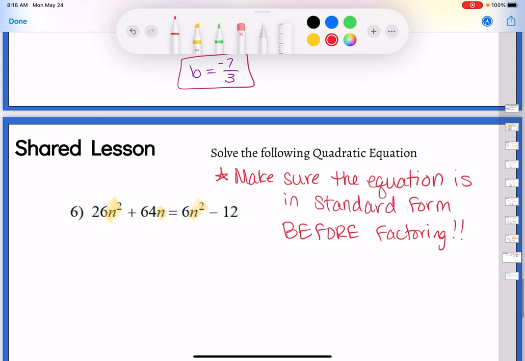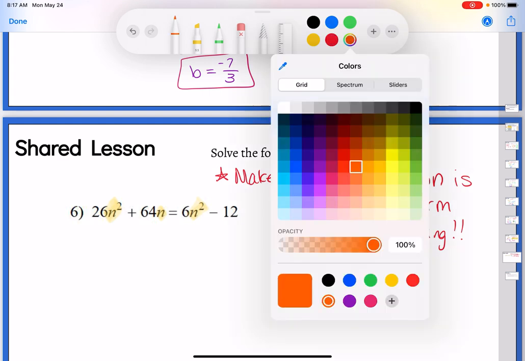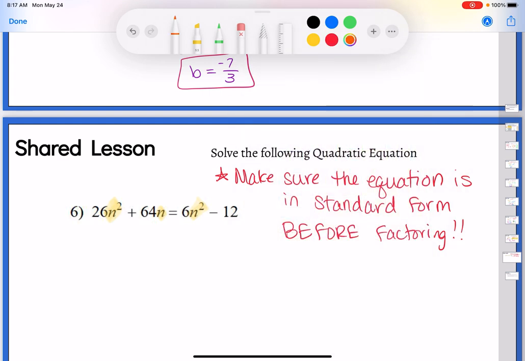So I can't factor just the left side and just the right side. It's not going to pan out. It needs to equal 0 before I can even set up a factor box, or use a GCF or do anything like that. So standard form is ax squared plus bx plus c equals 0. It has to equal 0 before I can factor.